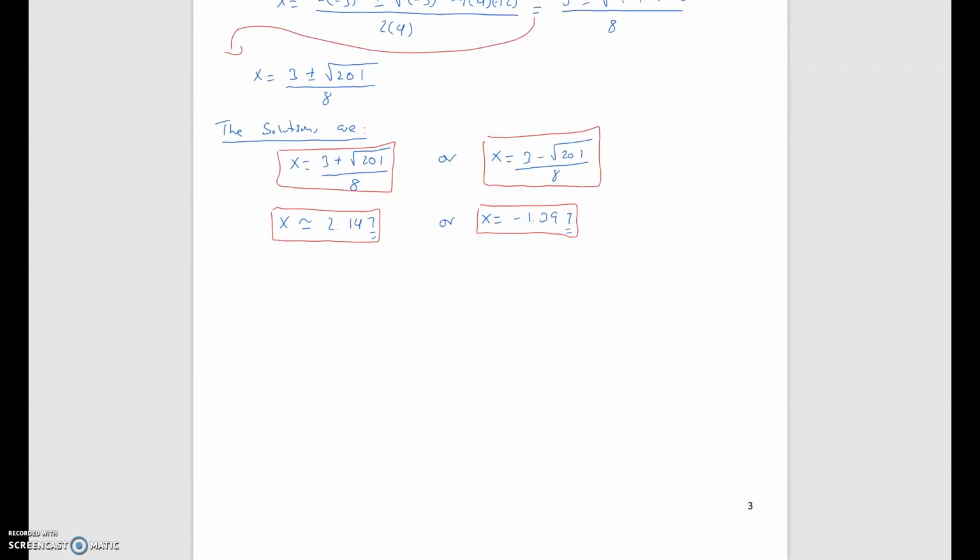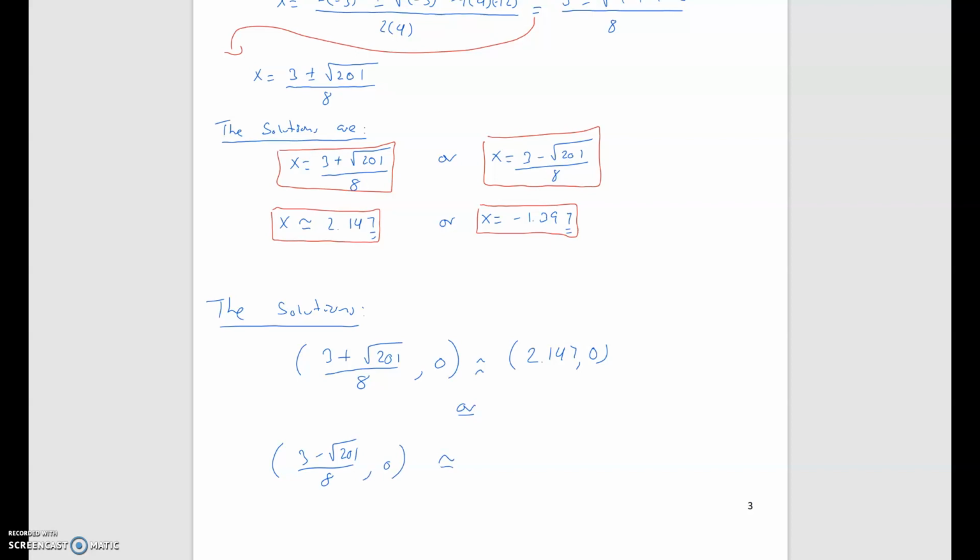So the actual solutions are going to be technically 3 plus the square root of 201 divided by 8, 0, which is approximately 2.147, 0, or 3 minus the square root of 201 divided by 8, 0, which came out to be negative 1.397, 0.